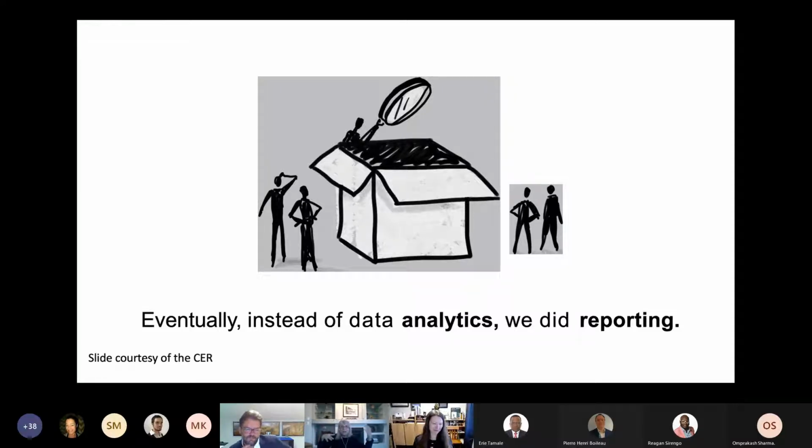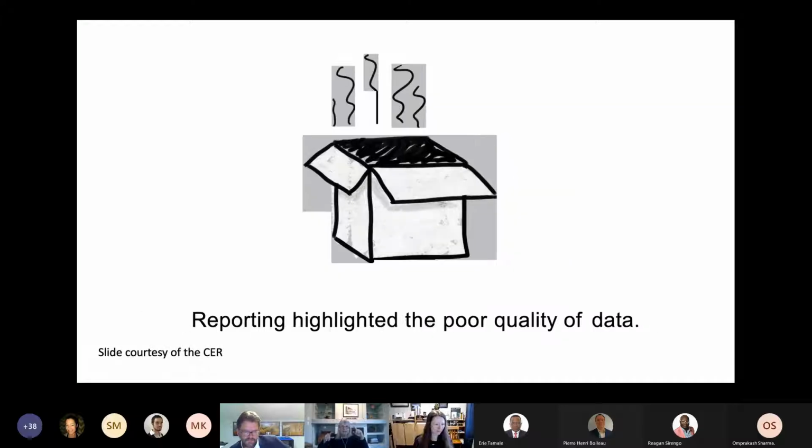So when the unit started reporting on their data, and they kind of unlocked this box, they start saying, oh, the data is really of poor quality.